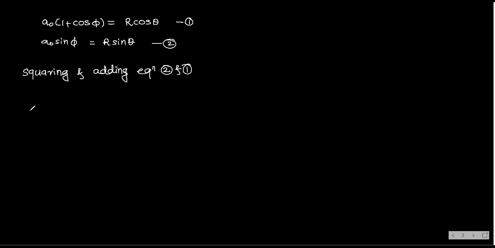So see here, r square sin square theta plus r square cos square theta is equal to A0 square sin square phi plus A0 square into bracket 1 plus cos phi whole square.